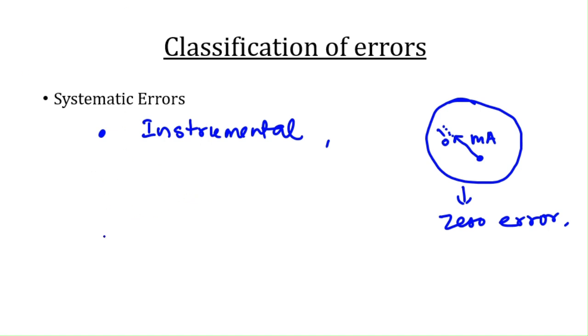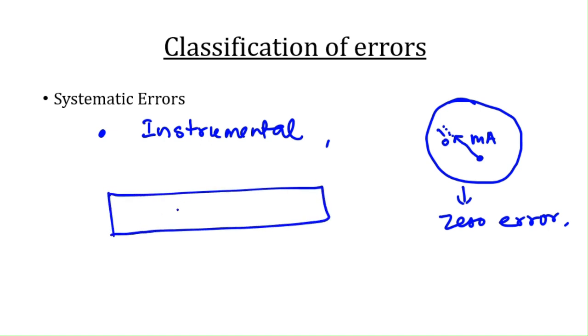There may be other instrumental errors like a poorly calibrated magnetic compass. Let's say we are using a ruler and it has been broken from this end, and its scale is starting from 1 centimeter instead of 0. This is another type of zero error.